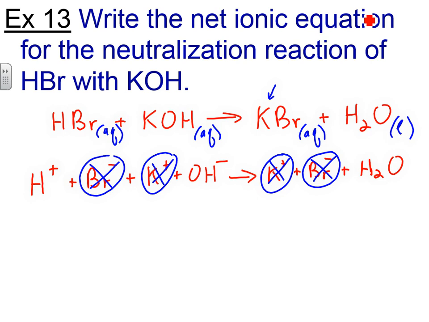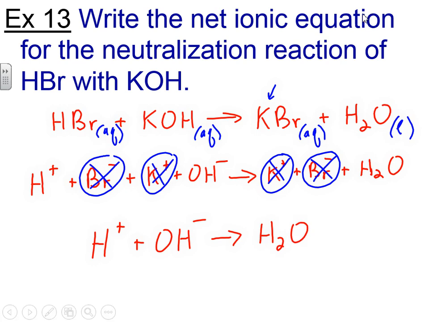And this is, again, the essence of an acid-base reaction. We bring that down, H plus OH minus, to give you H2O. And then we can go ahead and put state symbols on these. We can put aqueous, and then liquid. And this is your net ionic equation, what we want to get to.